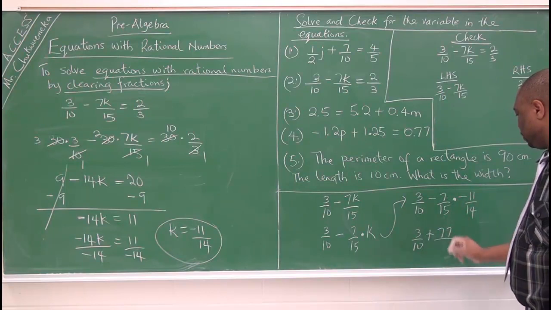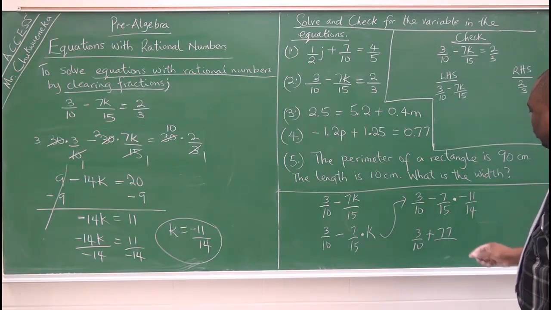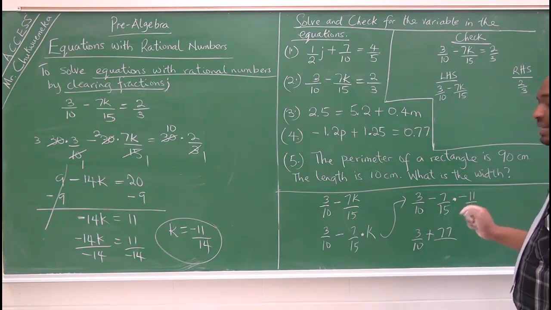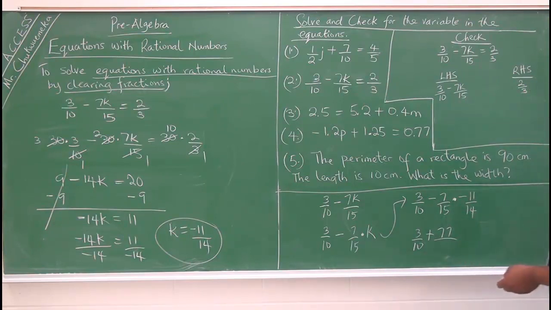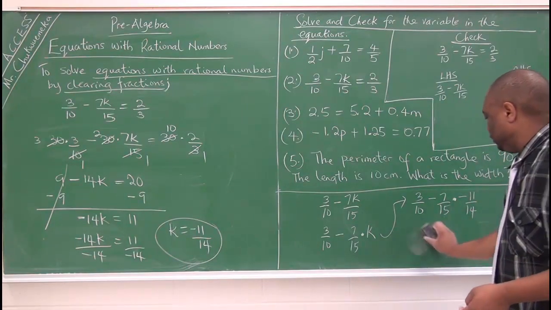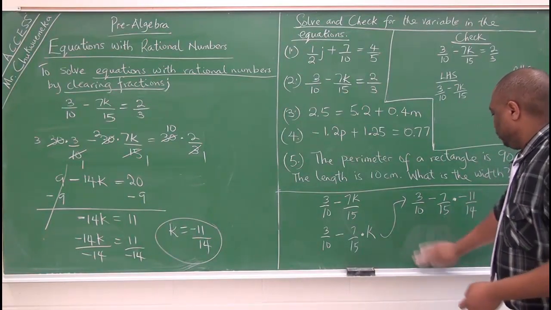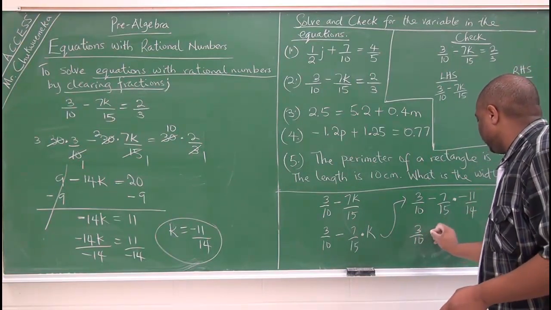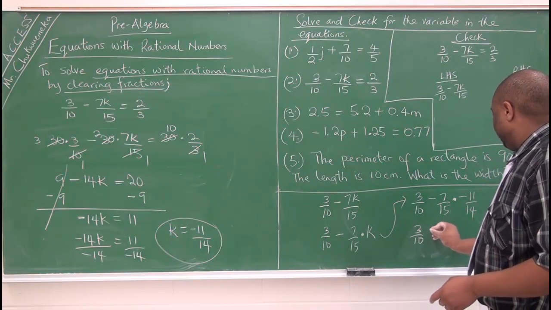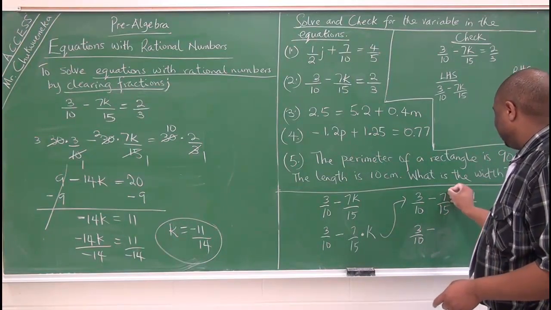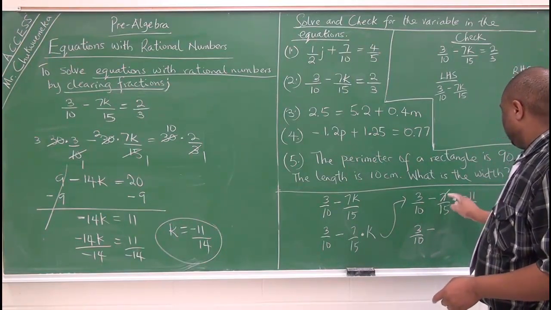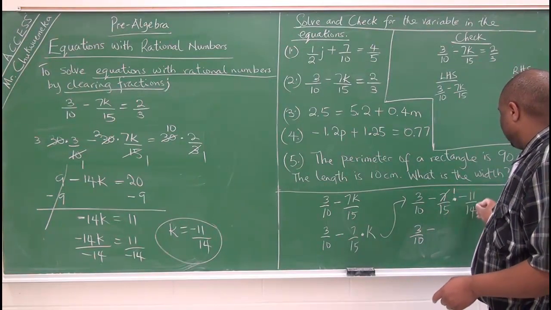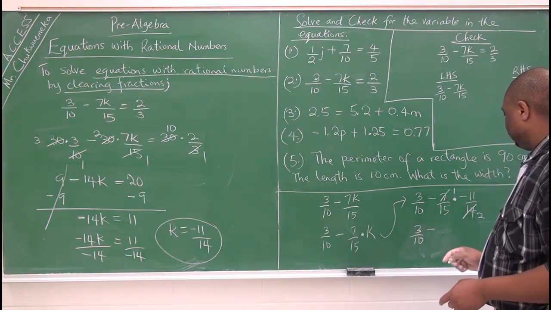Before we multiply 7 times 11, actually, we can simplify it first. This will be 3 over 10 minus, now, 7 into 7 is 1. 7 into 14 is 2.